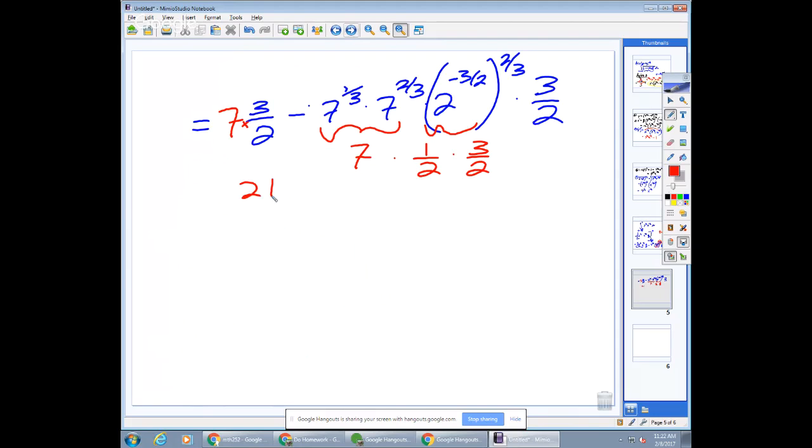So what's that? 21 halves minus 21 fourths. Doubling top and bottom of this one, 42 minus 21 is 21. So it looks like the answer for 1/8 of our graph's arc length is 21 fourths.